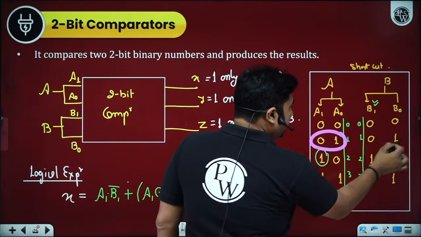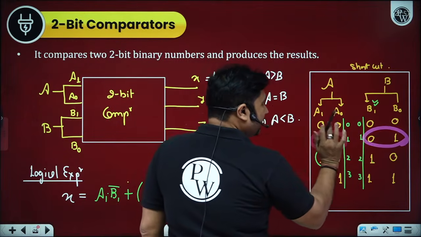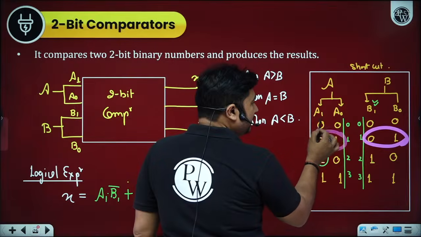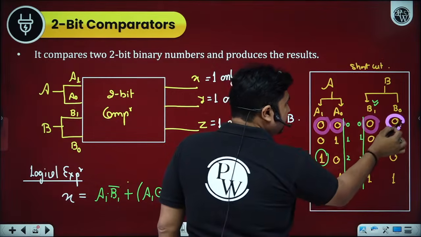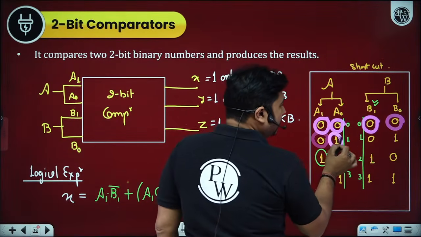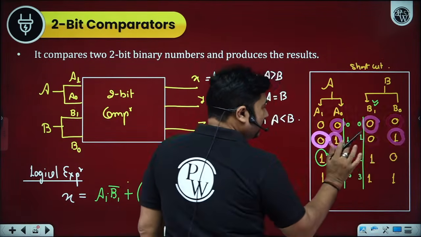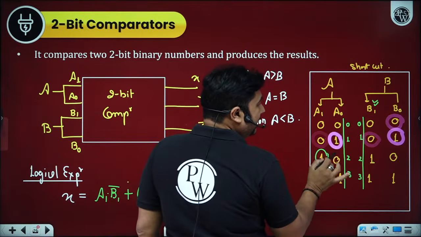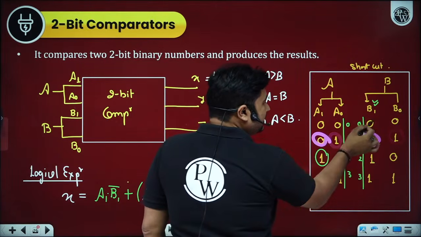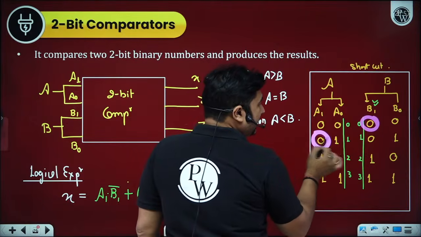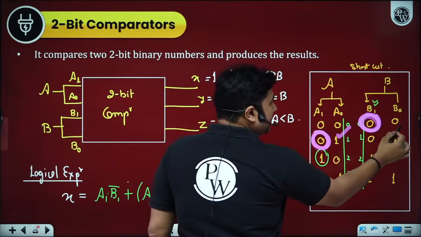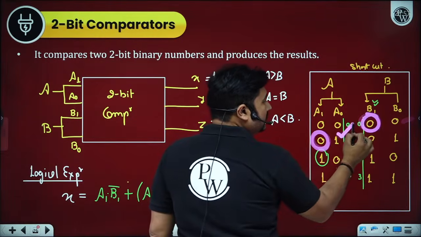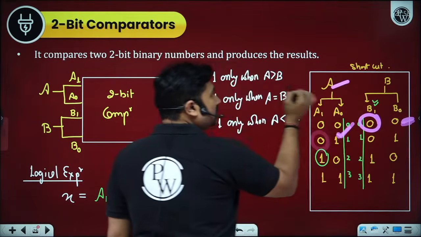If A1 and B1 are the same, and A0 and B0 are the same, then only Y is going to be high. But in case A1 and B1 have the same MSBs, but A0 is greater than B0, then also your A is greater than B.